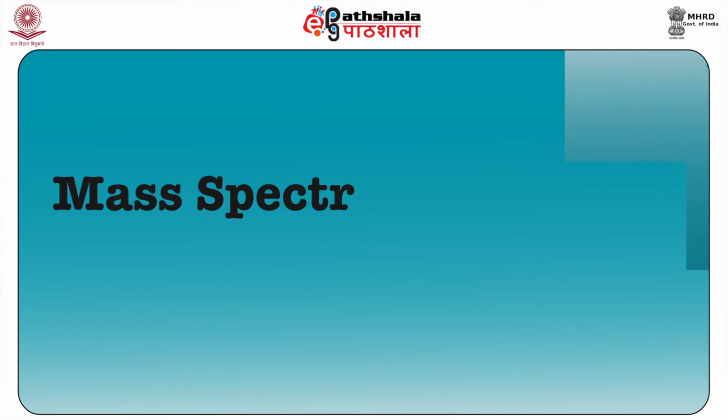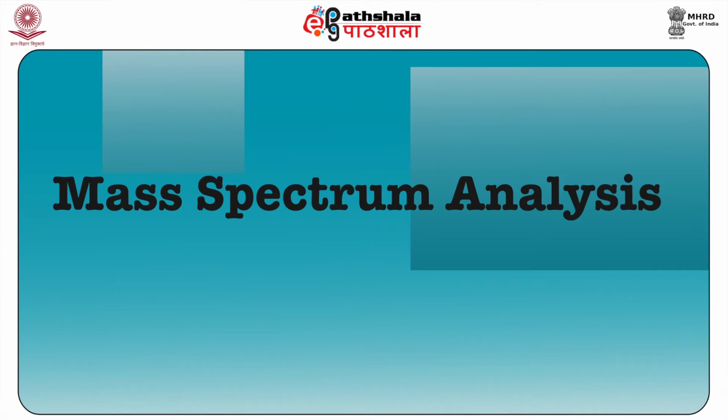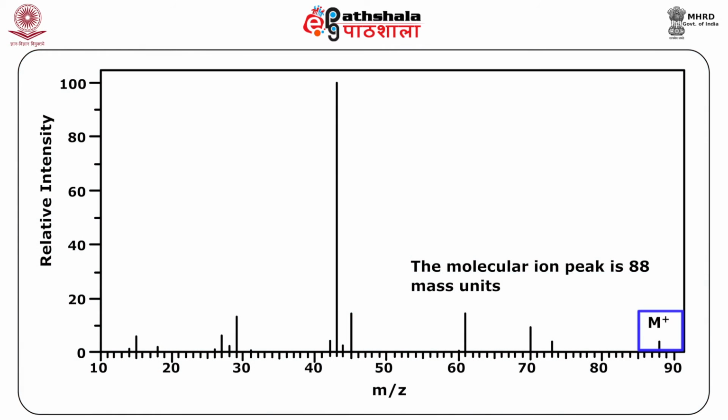First of all, let us carry out the mass spectra analysis. The integral molecular weight of the unknown compound is given to be 88. This we can clearly see from the molecular ion peak. And because this is an even number, we can interpret that the compound either has no nitrogen atoms or it has even number of nitrogen atoms.